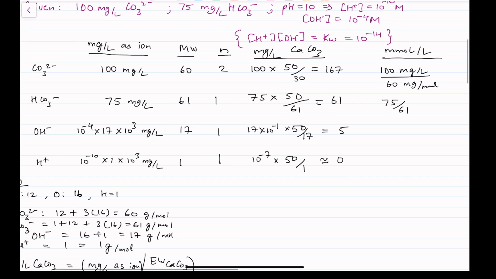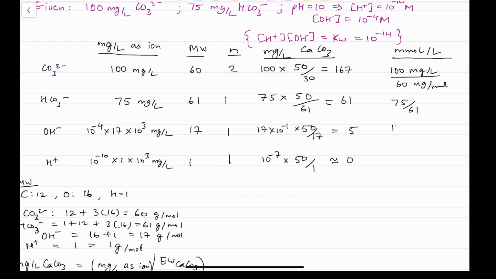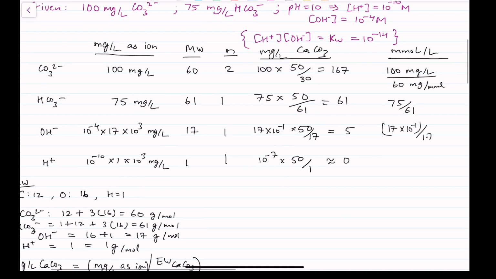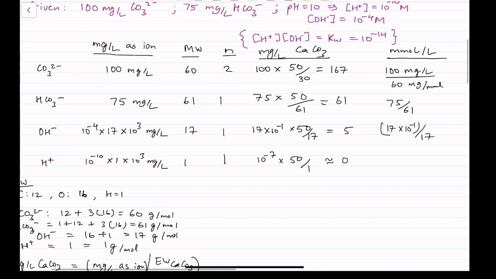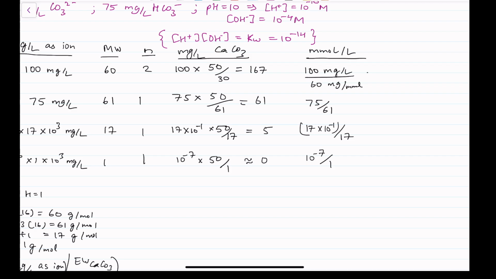This would be 1.7, or 17 into 10 to the power minus 1, divided by 17, and this would be 10 to the power minus 7 divided by 1, and this would be equal to 100 divided by 60.